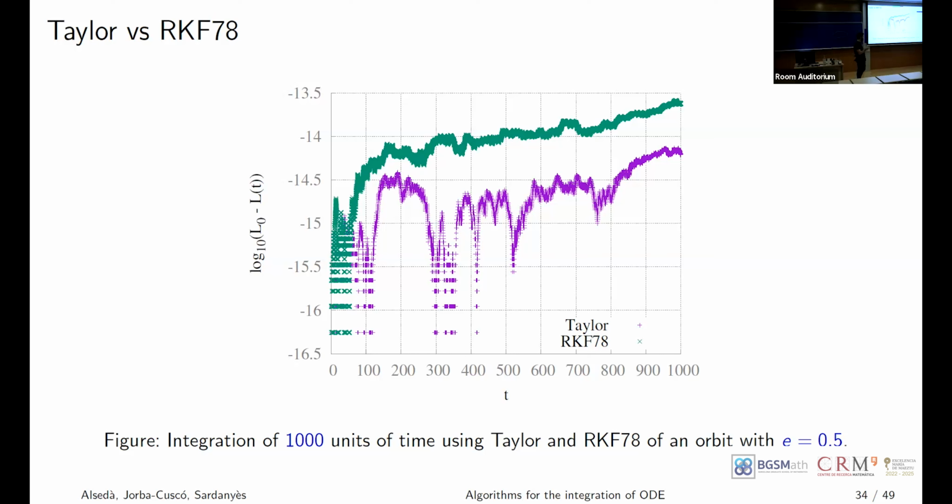Then essentially the Runge-Kutta method can be faster than Taylor because it requires less effort. But Runge-Kutta methods are worse in terms of accuracy, but are very good.